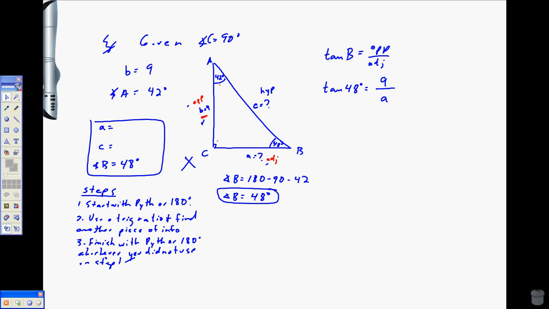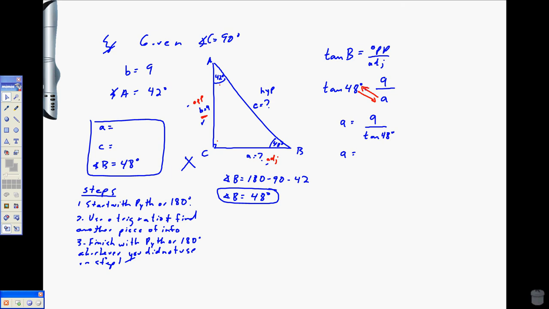Okay? Well, our unknown's in the bottom, so I'm going to multiply that up and across, and bring tan 48 down. I'm going to divide it out. And some of you will remember I call that riding the escalator because you've got one going up, one going down. So little a is equal to 9 divided by the tan of 48 degrees. Make sure your calculator is in degree mode.